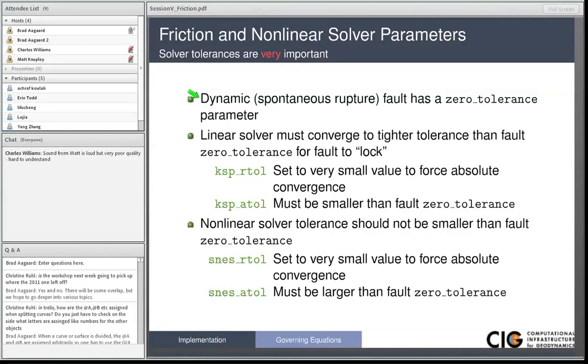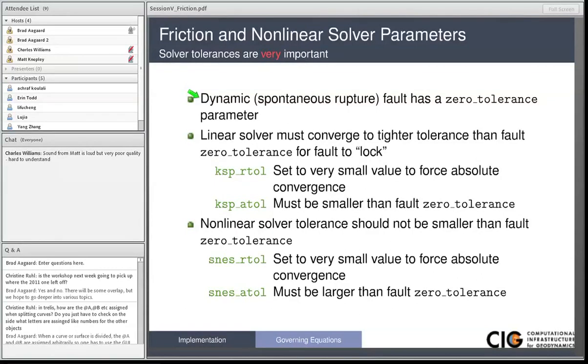When we have these relative displacements across the fault, we compare them to our zero tolerance. If they're smaller than our zero tolerance, then we assume the fault is locked and we set the slip to zero. If it's greater than the zero tolerance, then we recognize that the fault is slipping.